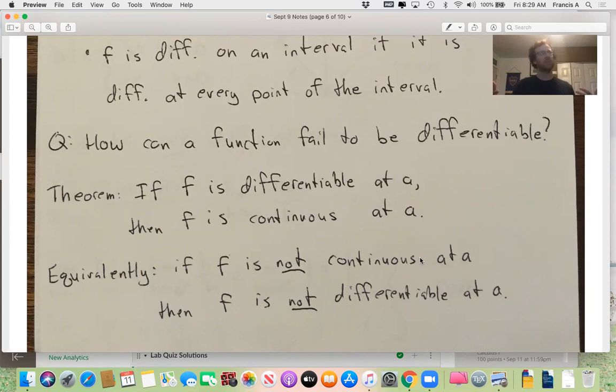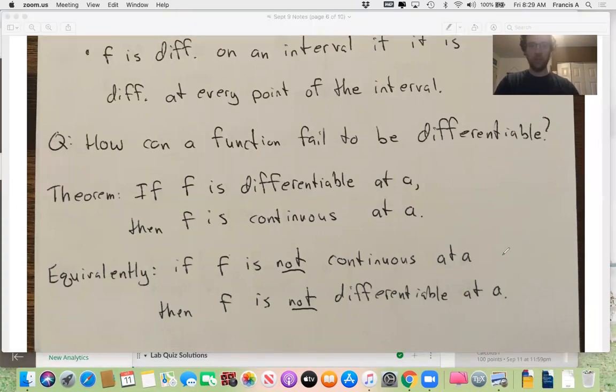Wrong is maybe not the correct word, but there's something complicated happening at A. And so if you're not continuous, how are you going to try to find the slope of the tangent line? If your function has a jump, for instance, if your function looks something like this, you're not continuous here, you're definitely not going to be able to find the derivative. What would the tangent line look like?